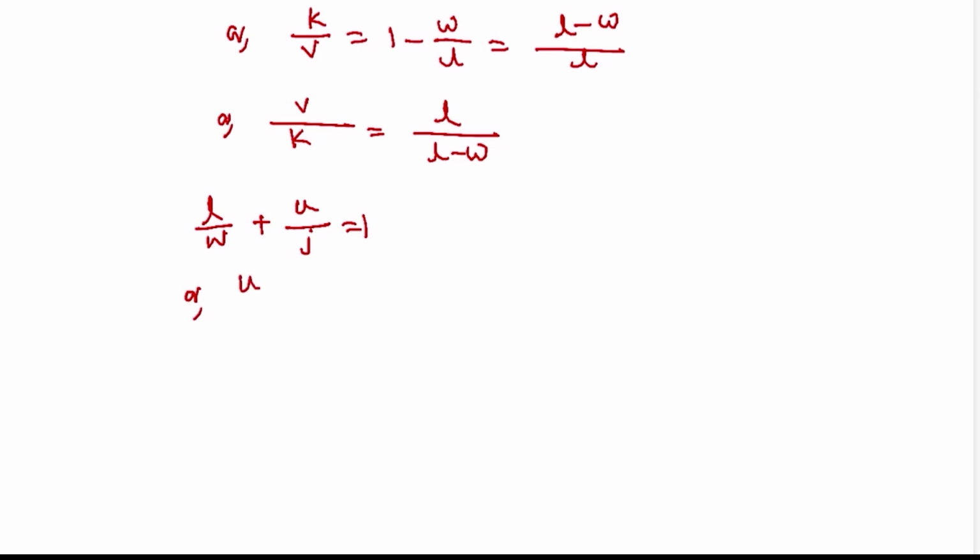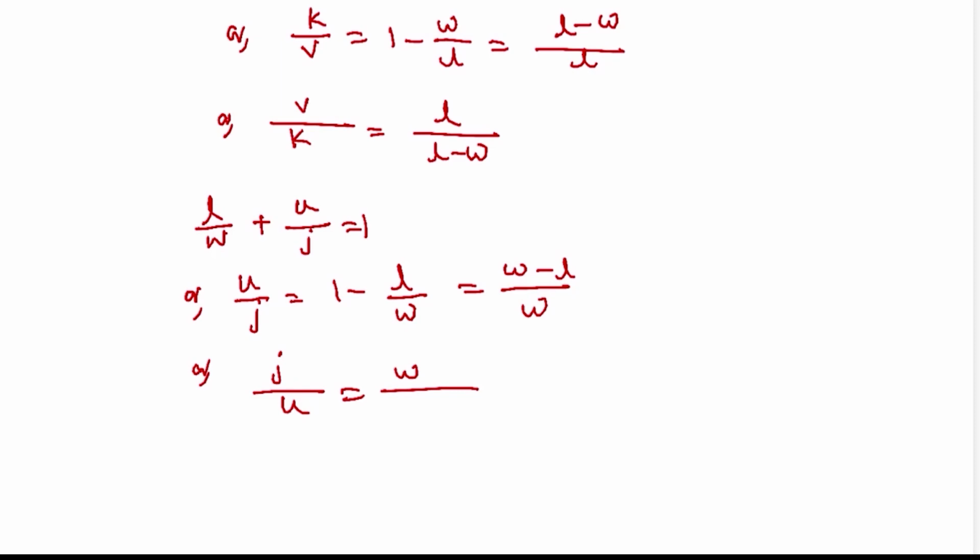Okay, so let's bring it to the other side. u by j equals w minus l by w, do the reciprocal. So j by u equals w by w minus l. So we can name this equation 1 and this is 2.